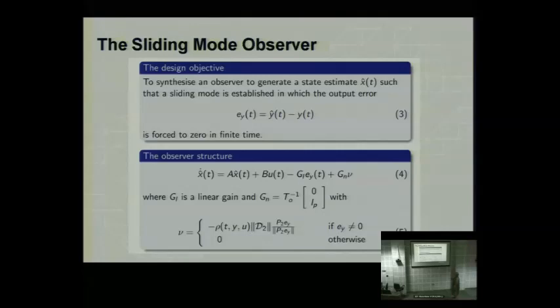So we're assuming we've got an observer that will generate a sliding mode on this output error, y hat minus y, in finite time. And the observer is just the same as the one we designed in MATLAB this morning. We're going to have a linear gain here and a non-linear injection that injects something into our system through the input channels. Okay? And we know we can find an observer of this form.